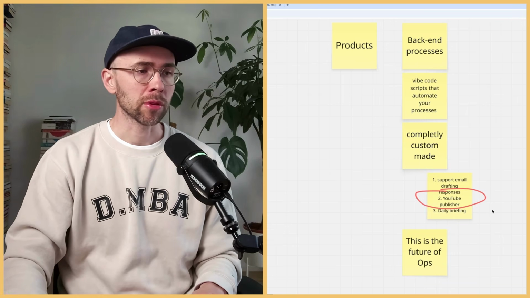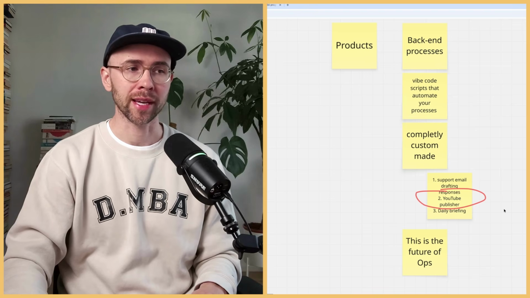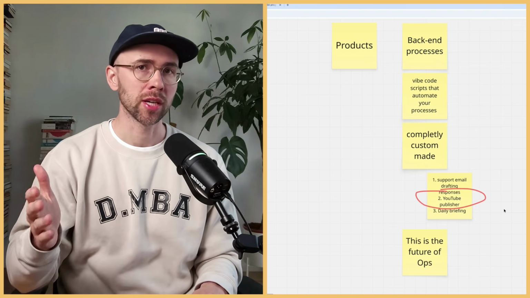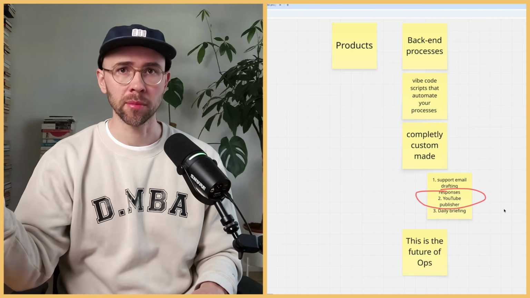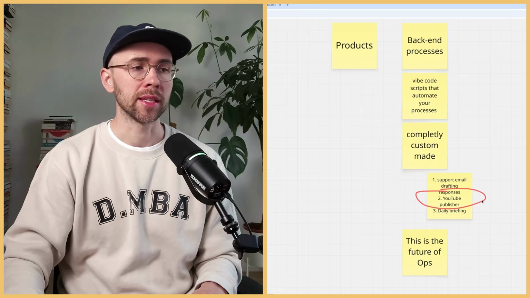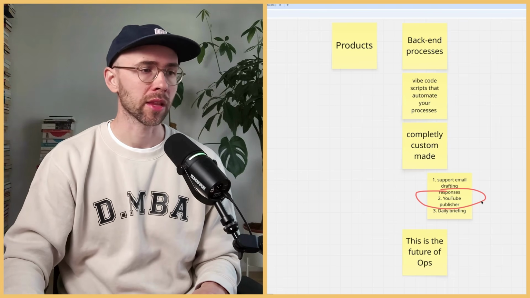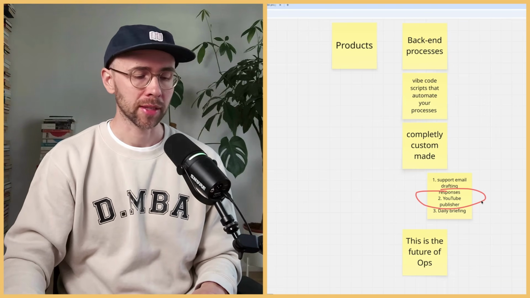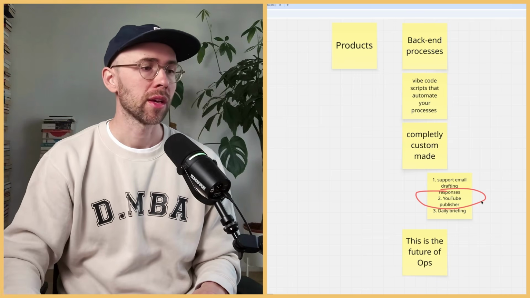Then I'm building a YouTube publisher, which is just a flow that after I get a video, I can much faster deploy it on YouTube, send an email to my list, and also publish on LinkedIn that I share that. It's just another automation that is going to save me some bandwidth.